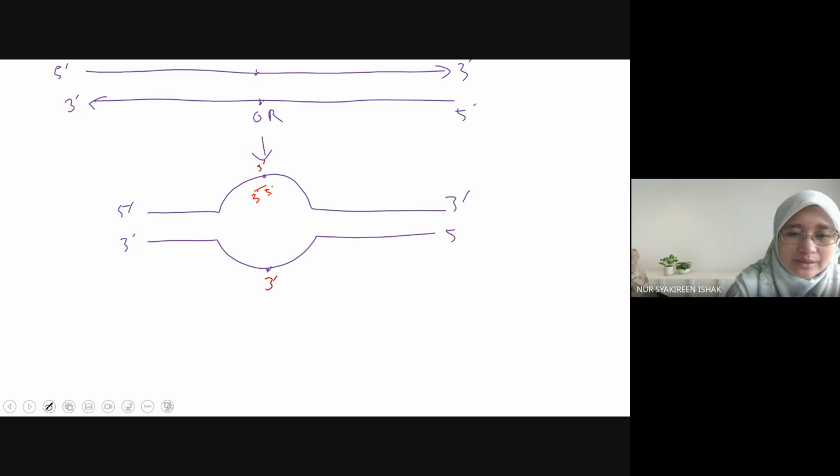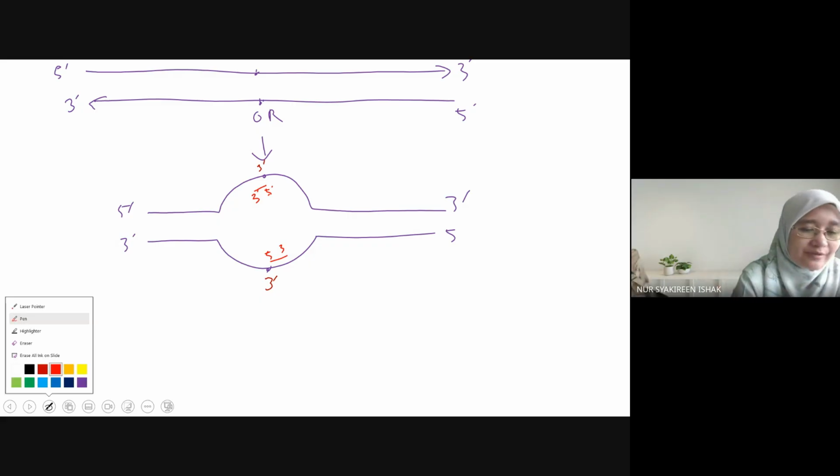So same goes to here. Kita akan synthesize the primer 5', 3'. Leading strand tak ada masalah sebab once we have synthesized the primer, it produces a 3' end, then DNA polymerase 3 can come and add DNA nucleotides.